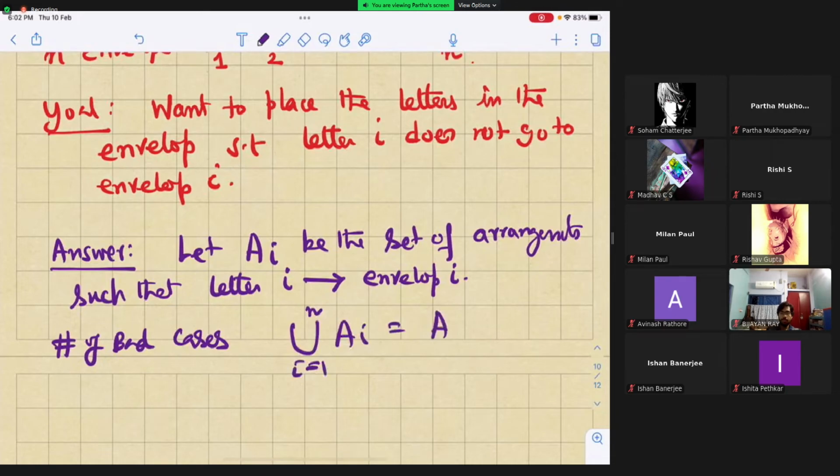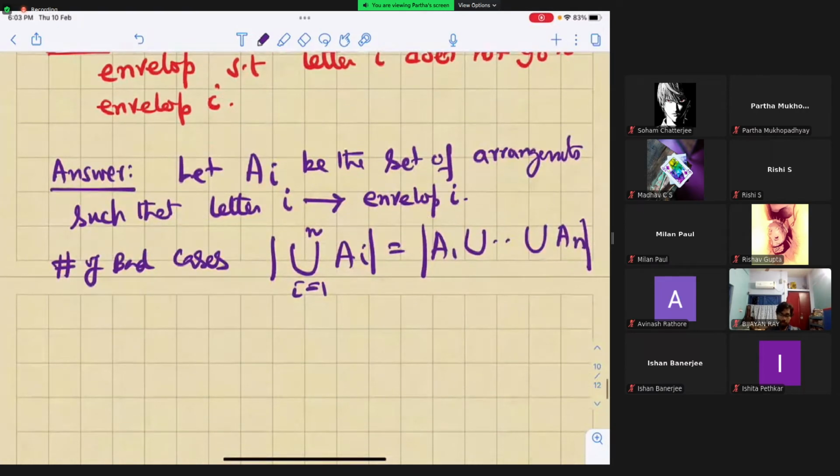More precisely, the union over i from 1 to n. These are the bad cases, because these are precisely the cases when some letters are placed in their respective envelopes. So you don't want that. And this is the number that you want to count. If you could count this number properly, then you will be done.